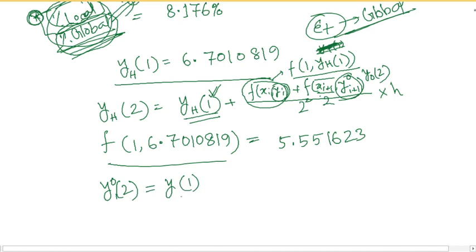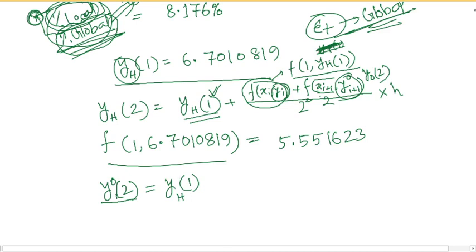True value or Heun's value or Euler value? In this case we will be again using the Heun's value, that is this one. So be very careful while writing. If it is y naught 2 for Euler value, I will be using YH, just because it is global error we are determining. If we were to determine local error, we would have used the true value of y1 here as well. But now we are using Heun's value.